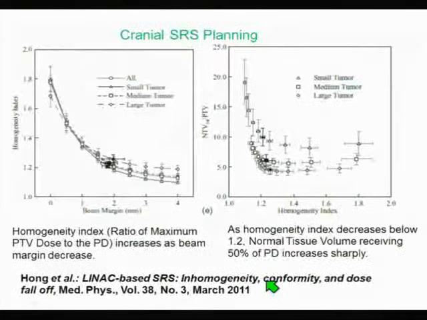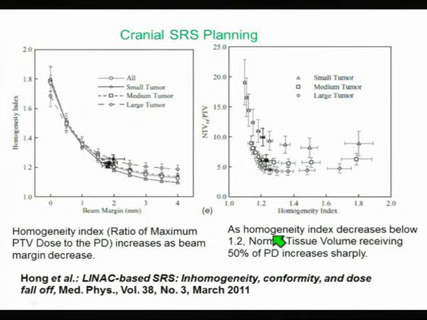Let me review an example for cranial SRS planning. In cranial SRS plans, we know the homogeneity index, the ratio of maximum PTV dose to the prescription dose, increases as beam margin decreases. So if the beam margin gets closer to 0 or 1 millimeter, you will have a very inhomogeneous dose inside the PTV. For example, if you have a 4 millimeter margin, your maximum PTV dose probably will be under 1.2 or 120%.